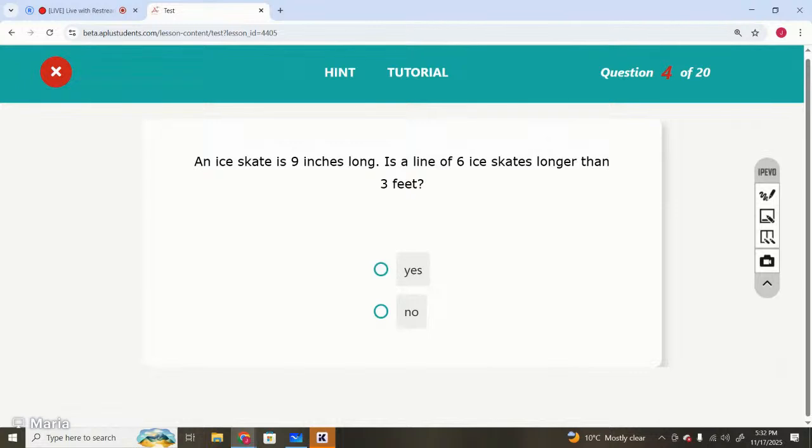An ice skate is 9 inches long. Is a line of 6 ice skates longer than 3 feet?